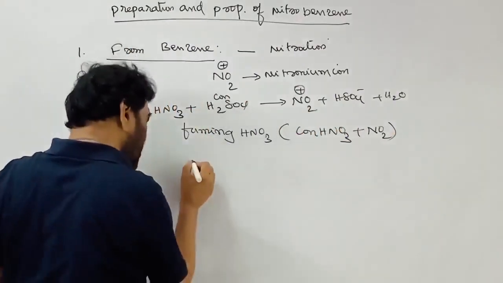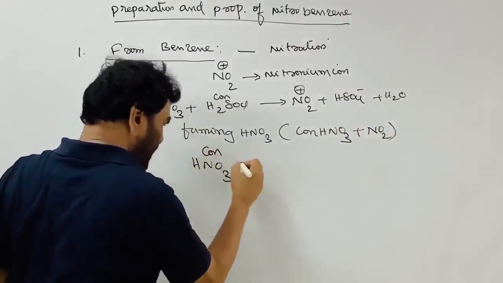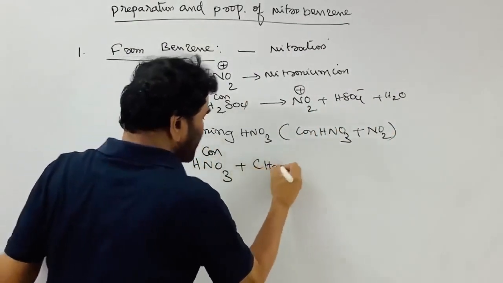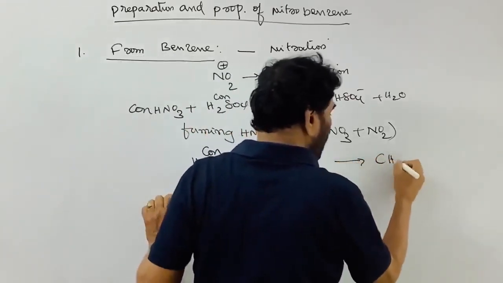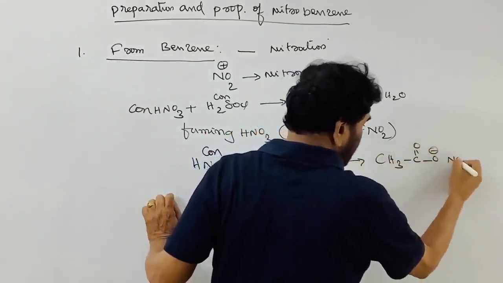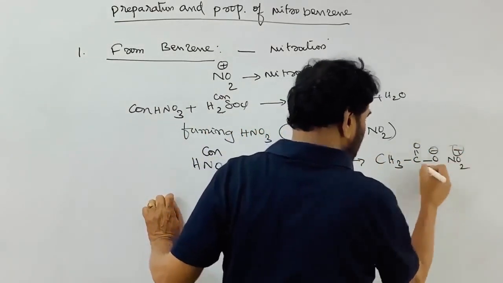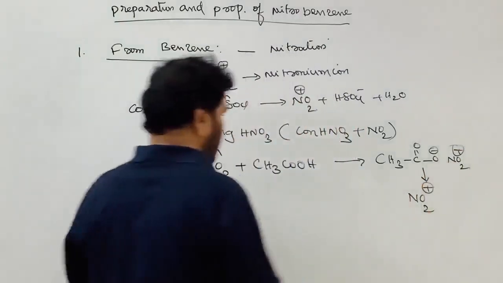Or you can use concentrated or fuming nitric acid plus acetic acid. Here nitronium acetate is formed, with the acetate ion, and it supplies the NO2+.